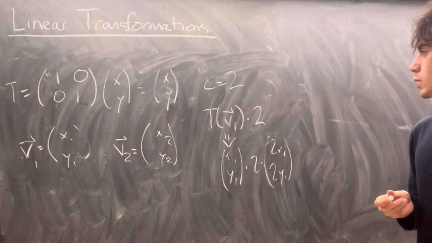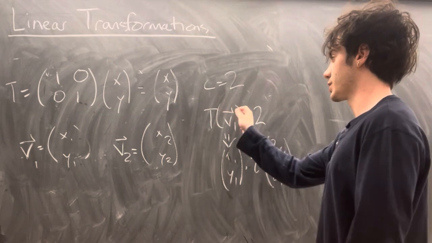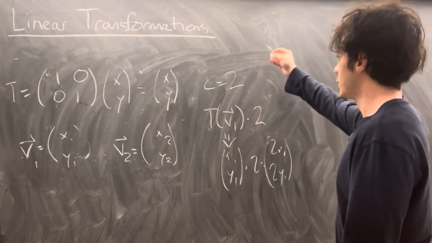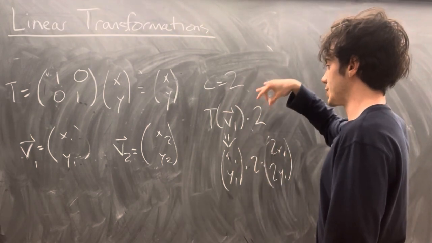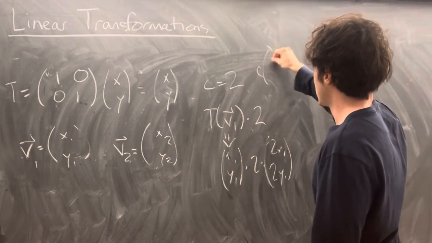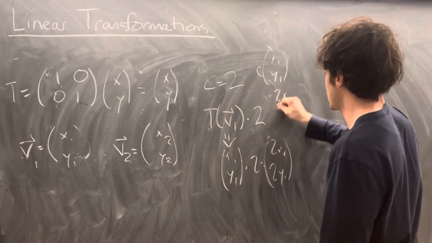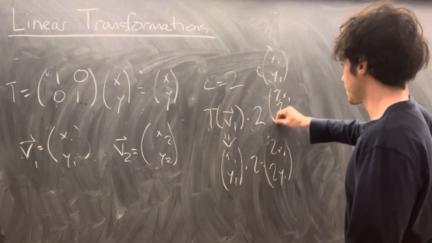So now we need to check that it holds if we put that constant inside of the parentheses. So if we do c times v1, we get (2x1, 2y1).